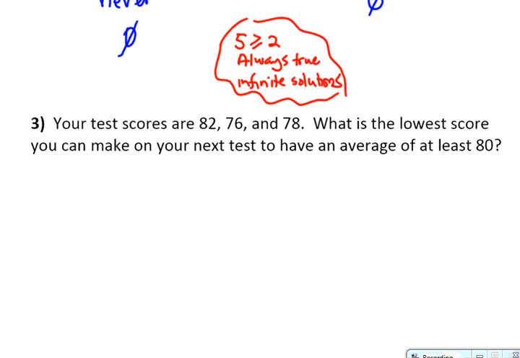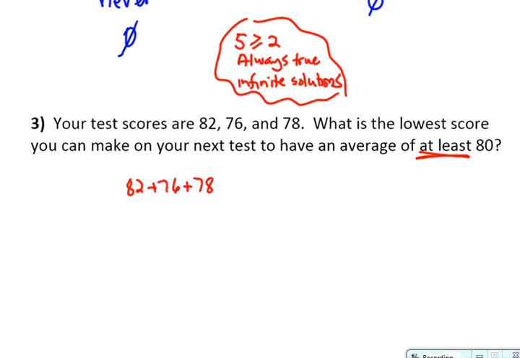Example 3: your test scores are 82, 76, and 78. What's the lowest score you can make on your next test to have an average of at least 80? All right, so in order to find an average, we want to add up all of our grades. So we have an 82 on the first one, plus a 76, plus a 78.